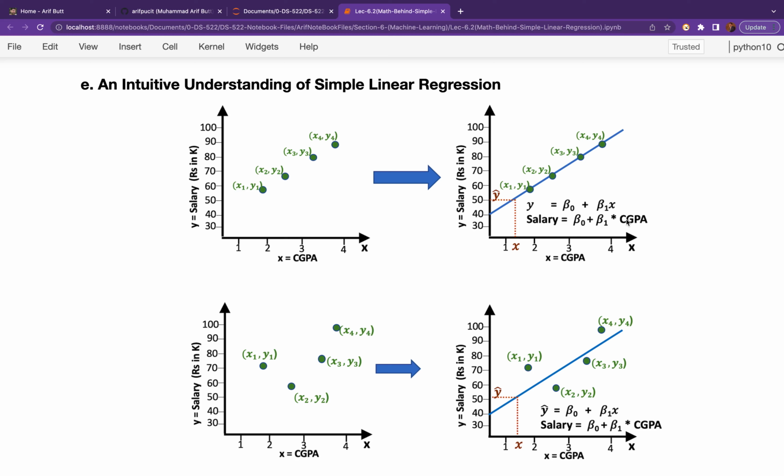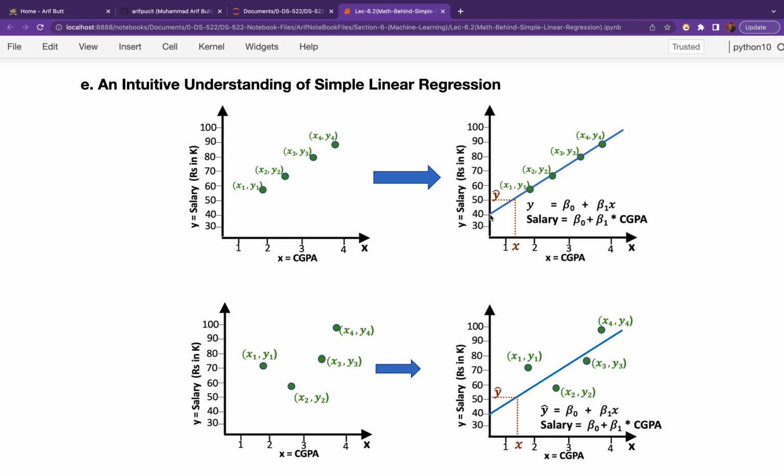Well, in machine learning, these beta naught and beta 1 are called the coefficients of regression that we will be computing for a given set of x and y values. This beta naught, which is the y-intercept, is the minimum value of the output variable y when all the input feature variables are 0.